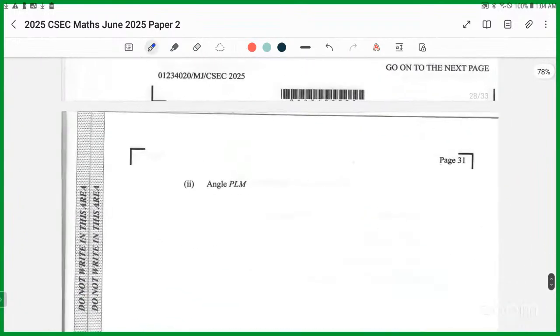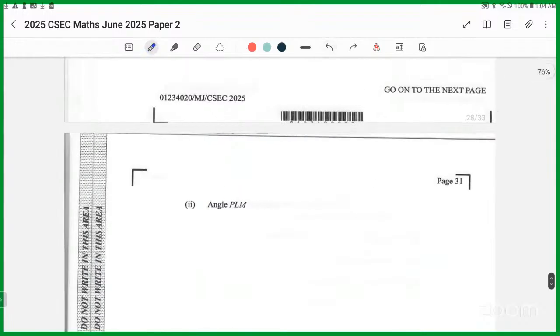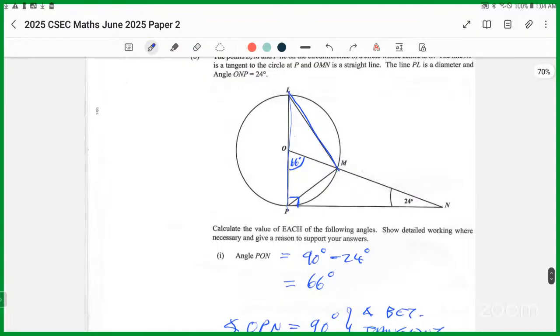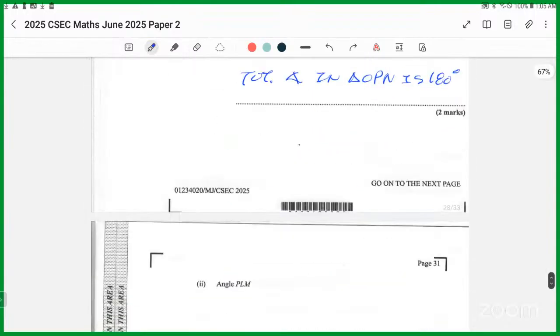Angle PLM is half of the one at the center, both of them obtained by the same chord. Angle at center is twice angle at circumference.